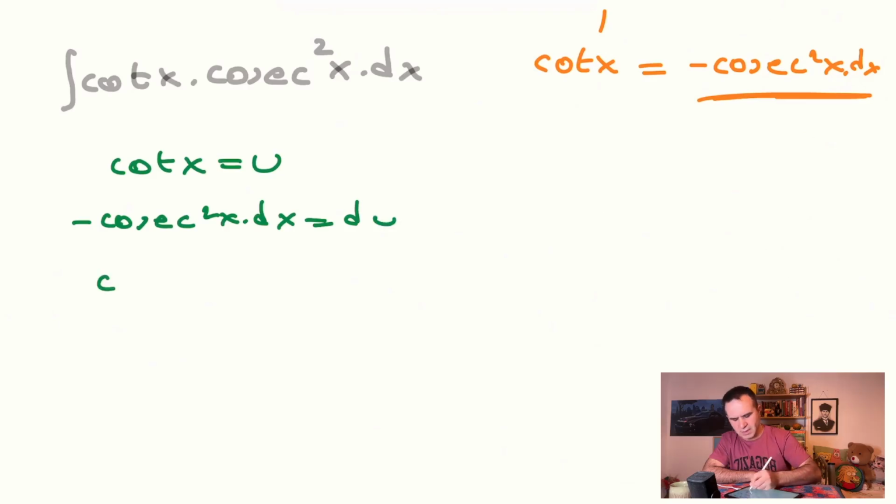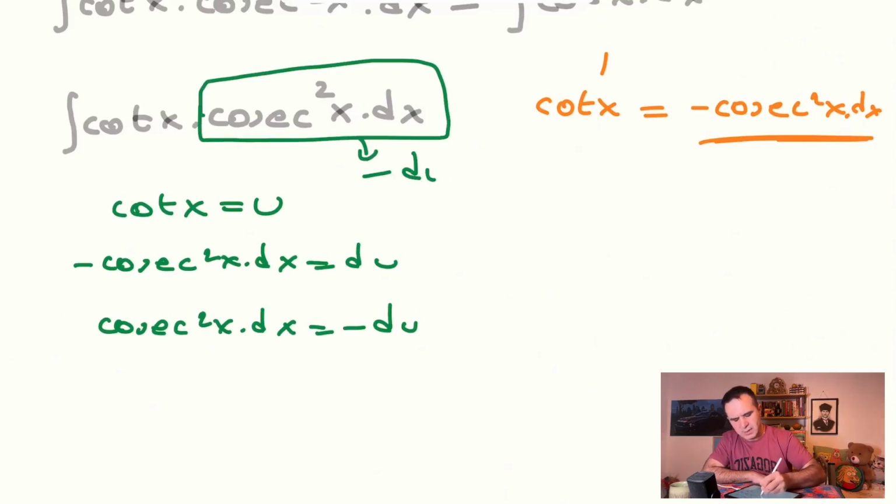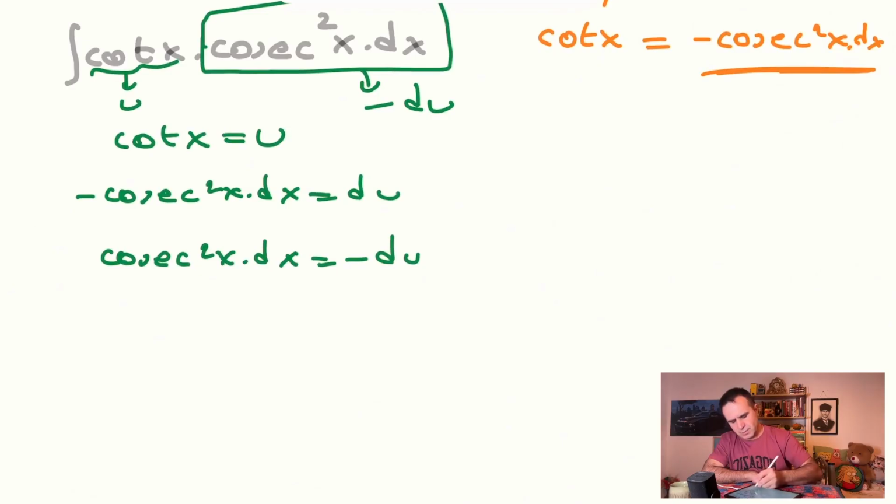This means that cosecant square of x dx equals minus du. Then we say that this part is minus du, and cotangent x is equal to u. Then the integral becomes the integral of minus u du.